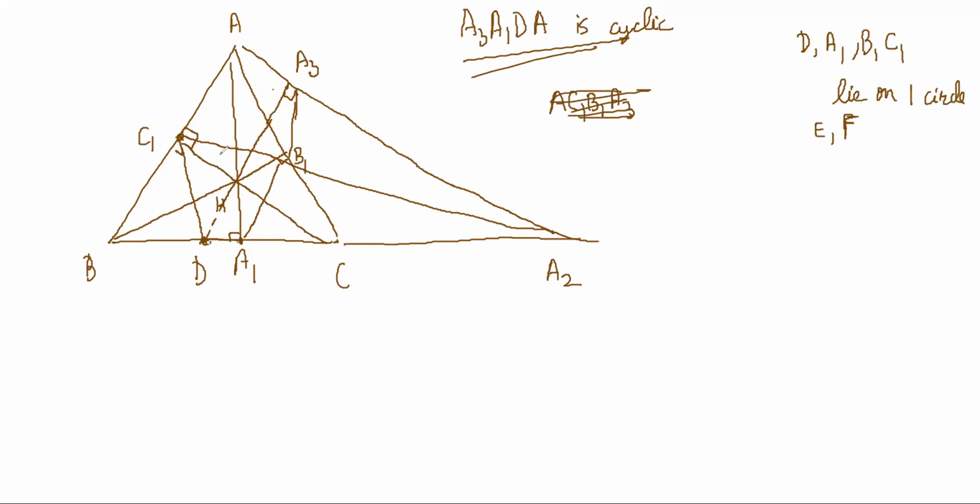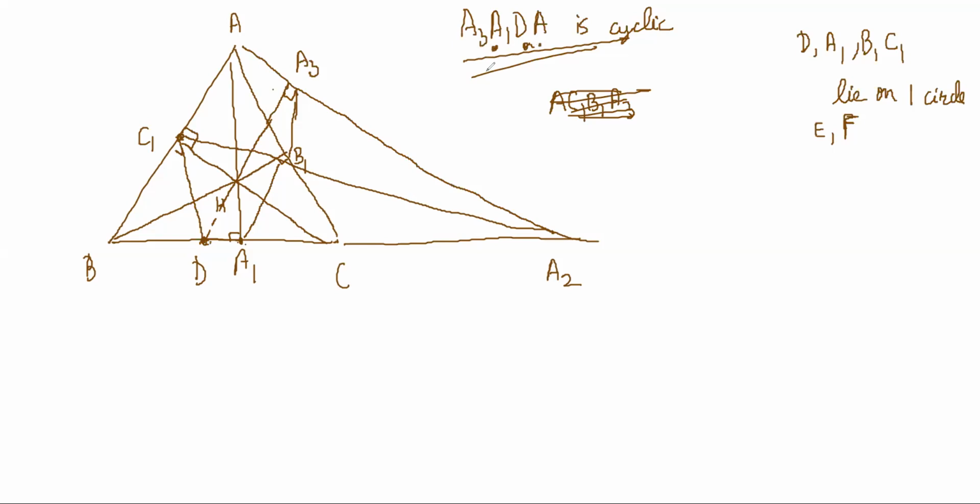A3, A1, D, A is also cyclic, right? So they all are on the same circle also, no? Then A1, D, A, and A3.